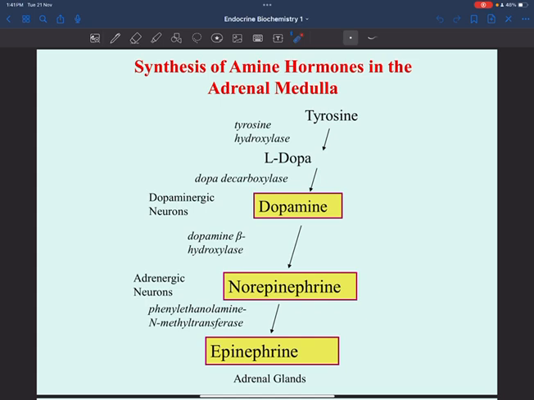Another hydroxylation will give us norepinephrine, and a methyltransferase process will give you epinephrine, which is usually produced by the adrenal glands. So tyrosine is one of the multi-purpose metabolites, if you would, for the future synthesis of certain hormones, and they are completely different hormones.